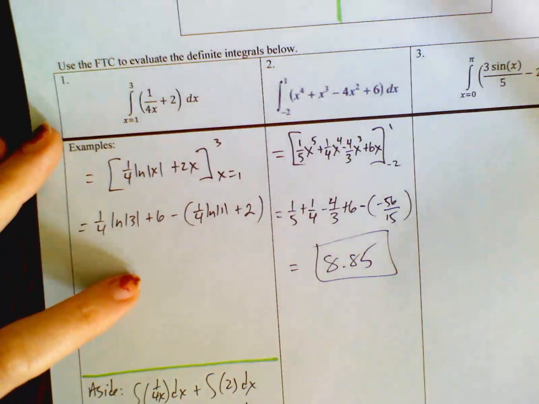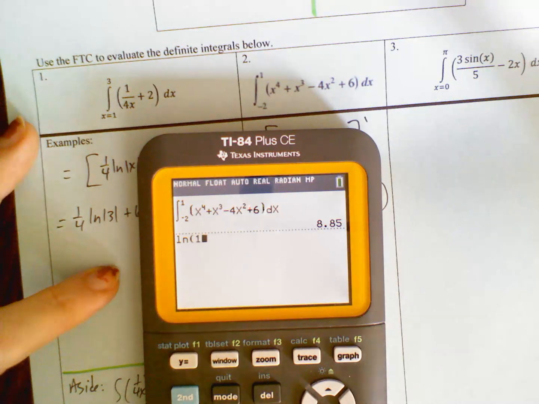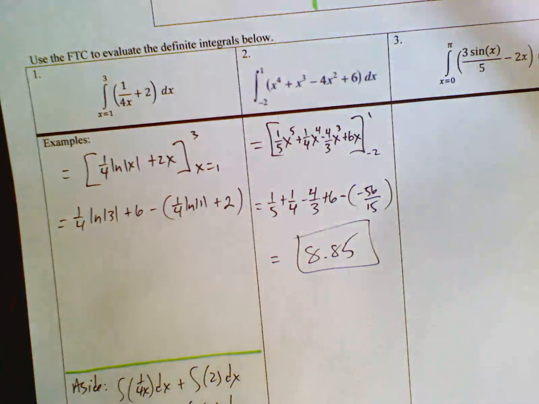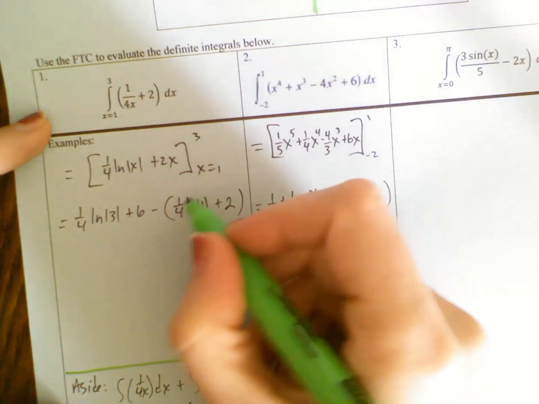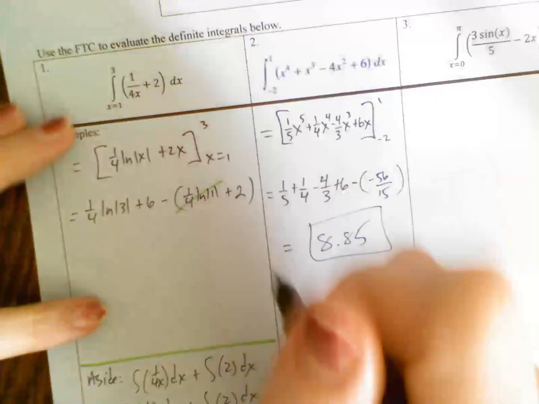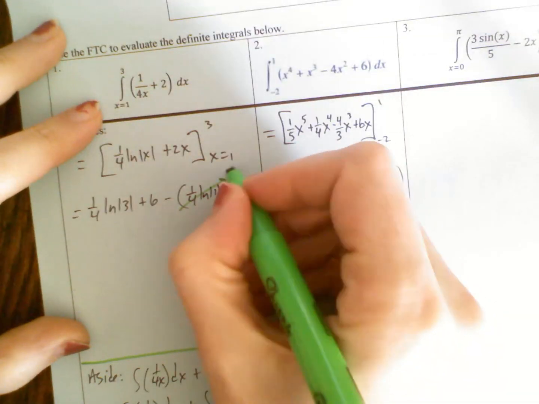Guys, natural log of 1, that's 0. If you don't remember it, natural log of 1 is 0. So this ends up canceling there. That's 0.